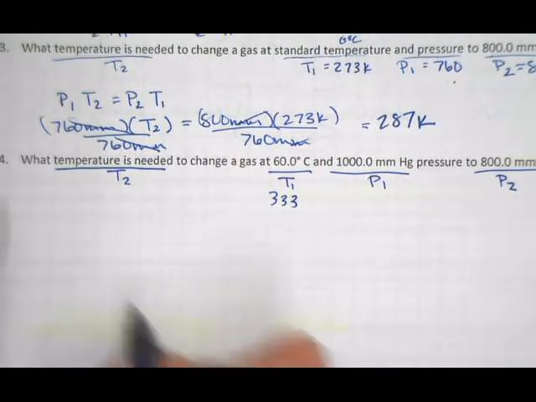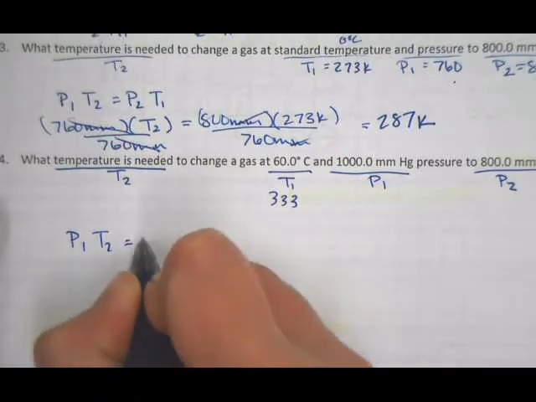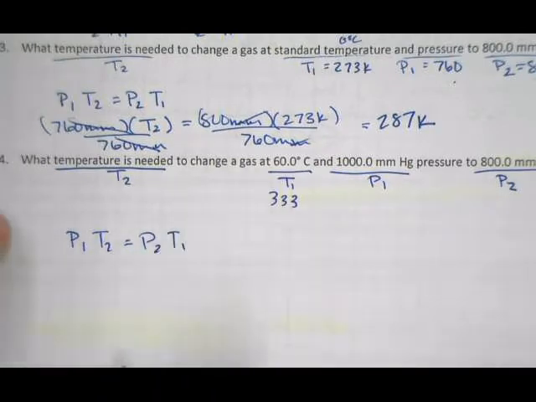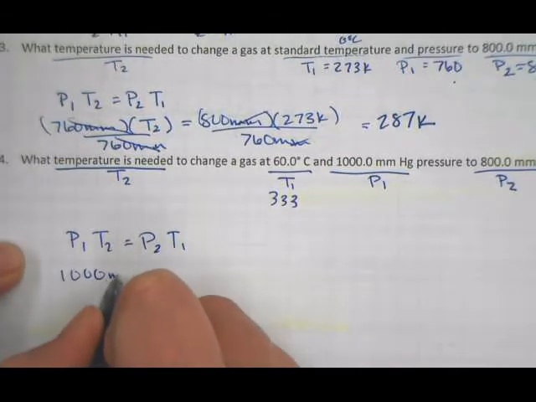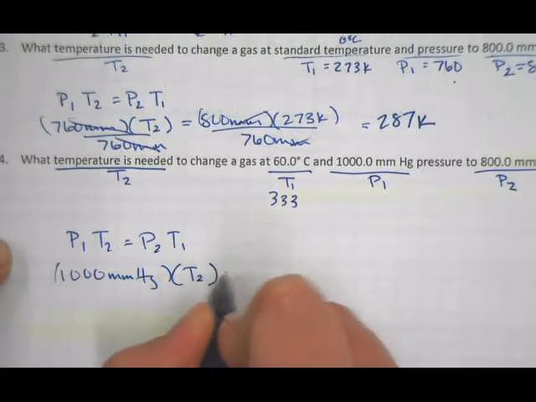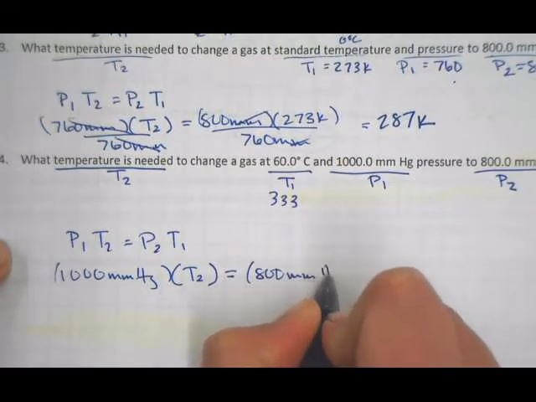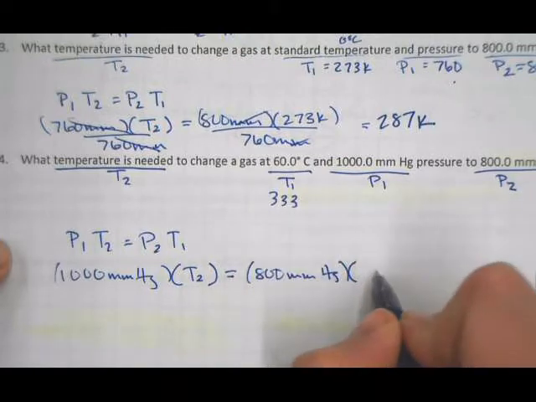Okay. So now, same thing, I start with the equation P1 T2 equals P2 T1. My initial pressure, it says, was 1,000 millimeters of mercury, and temperature 2 is what I'm trying to find. My new pressure is 800 millimeters of mercury, and my original temperature was 333 Kelvin.